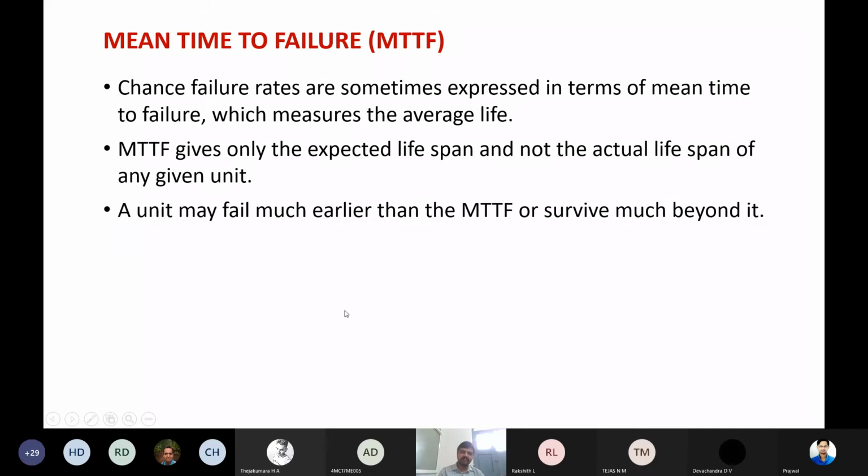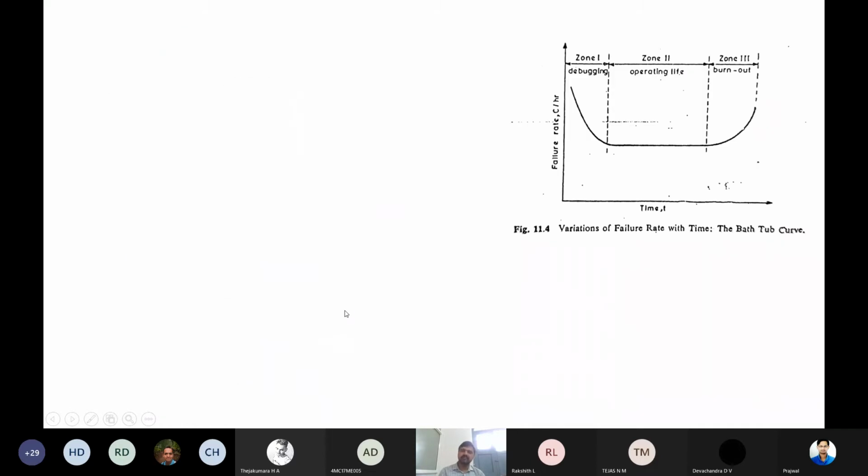The chance failure region means the second phase. So this is the chance failure region, the almost horizontal line of the bathtub curve. In order to find MTTF, you have to consider this region in the bathtub curve.